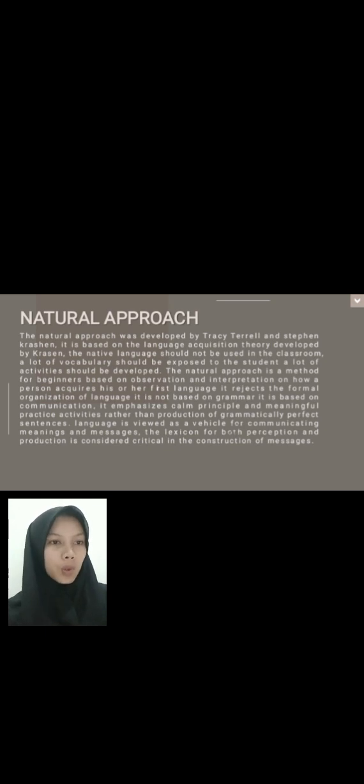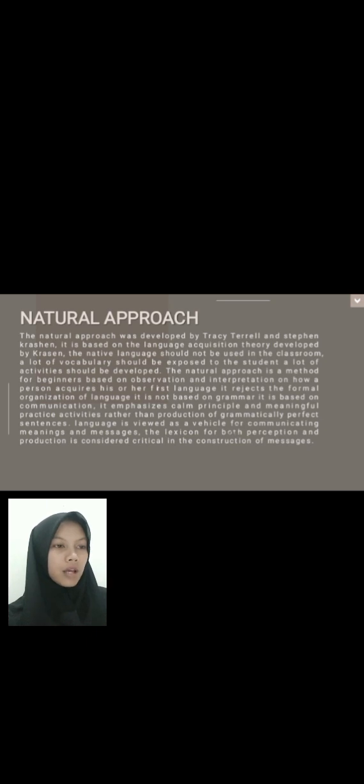The natural approach is a method for beginners based on observation and interpretation of how a person acquires his or her first language. It rejects the formal organization of language. It is not based on grammar. It is based on communication.